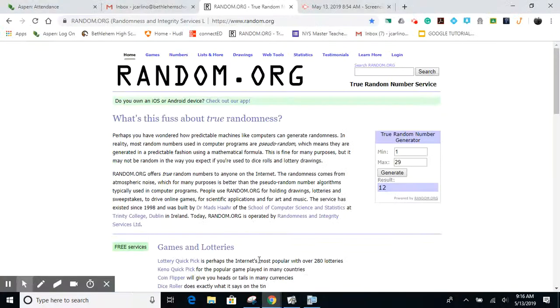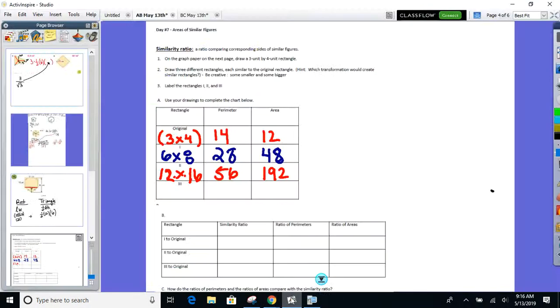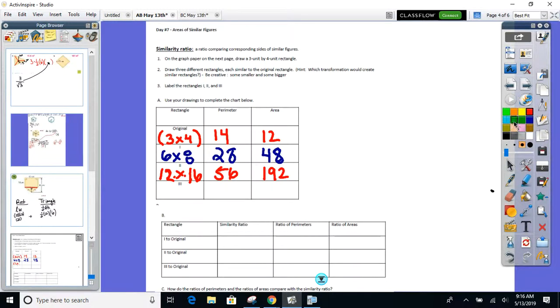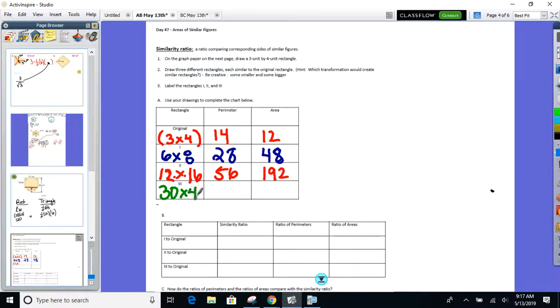One more rectangle so we can finally finish this here. One more type of rectangle. What is it? 30 by 40, sure. I don't know if anybody wants to draw that one out. Good luck.